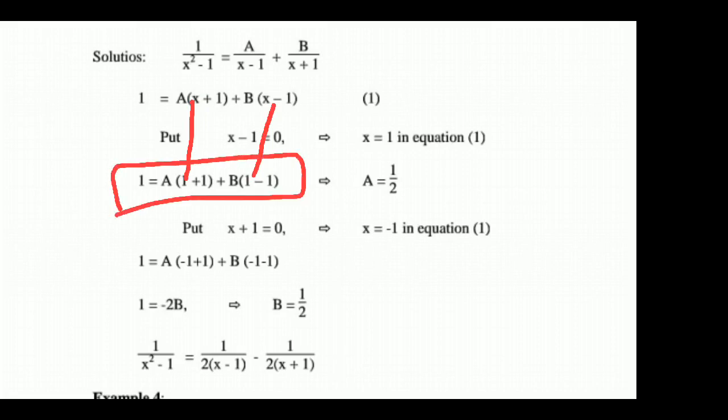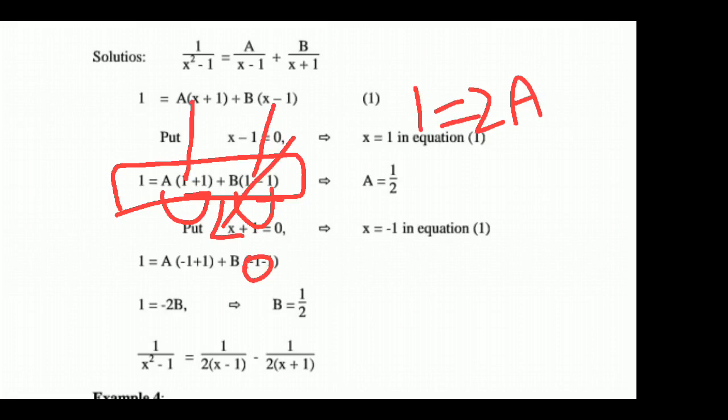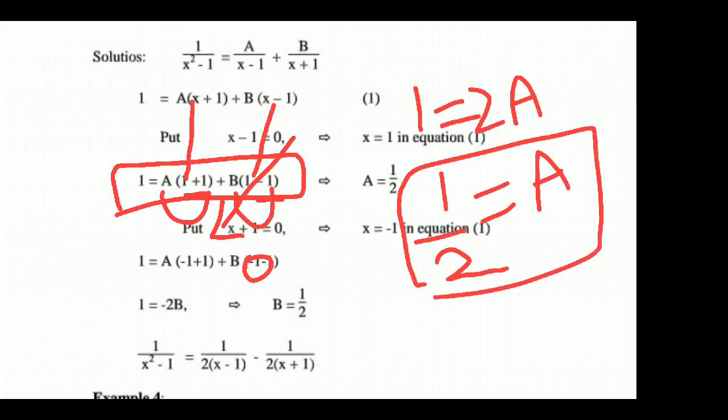Now if you solve this, 1 is equal to 1 plus 1 is 2, 2 into A is 2A, plus 1 minus 1 is 0, 0 into B becomes 0. So therefore this second term vanishes. So it remains A equal to 1 by 2, since the multiplication by 2 comes to the other side in the form of division. You will get A equal to 1 by 2. This is the final value of A.